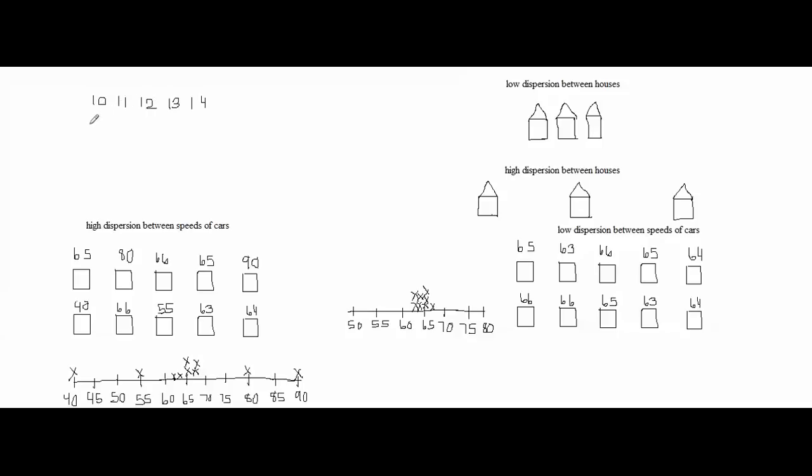So first, let's talk about how the gaps between each of these numbers is a gap of 1, because these two numbers are 1 apart, these two numbers are 1 apart, and all of the numbers are 1 apart.